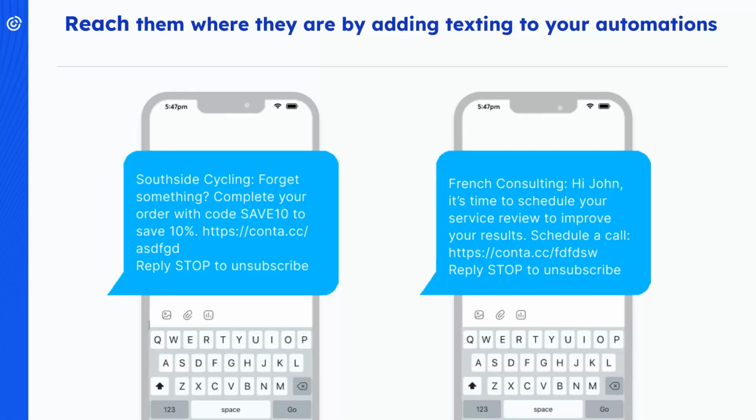So if you are savvy enough to know more about text messaging or how to do text message marketing, you can put text messages into your automations. So someone can get an automated welcome email. And then about a few hours later, they could have an automated welcome text show up as well.